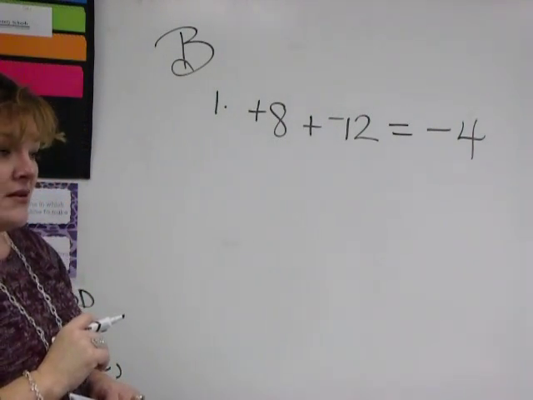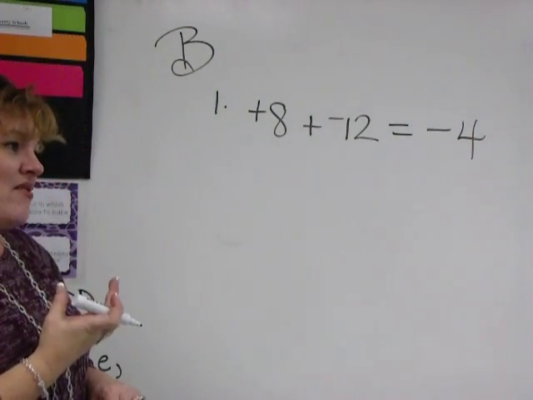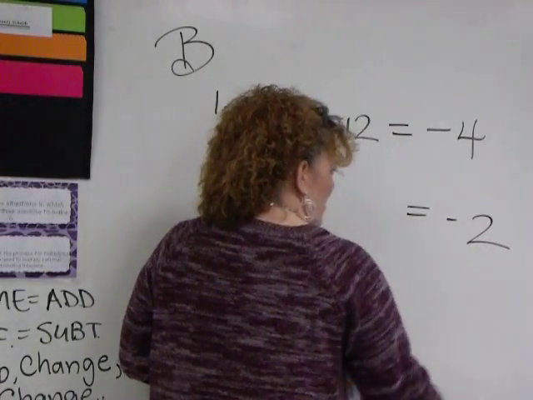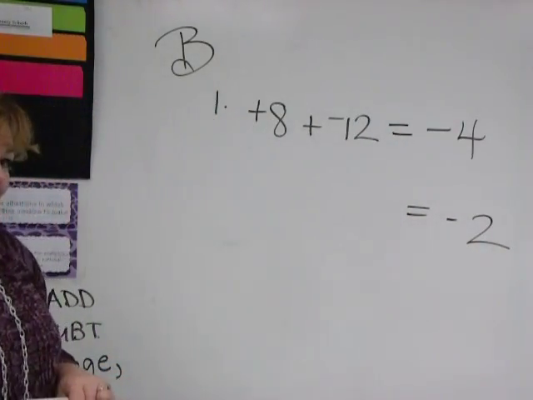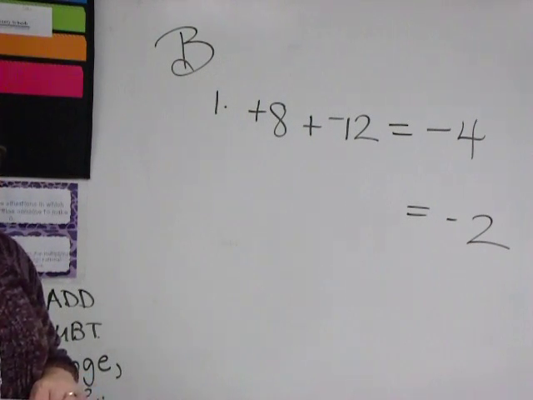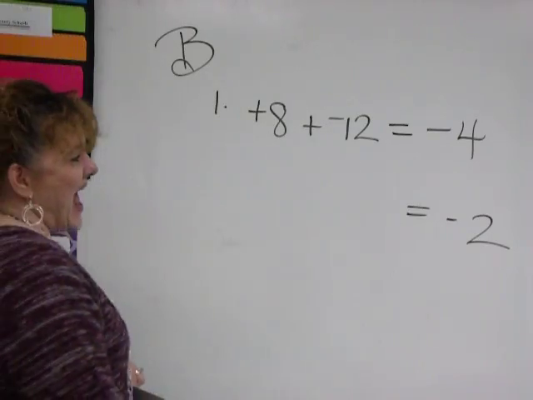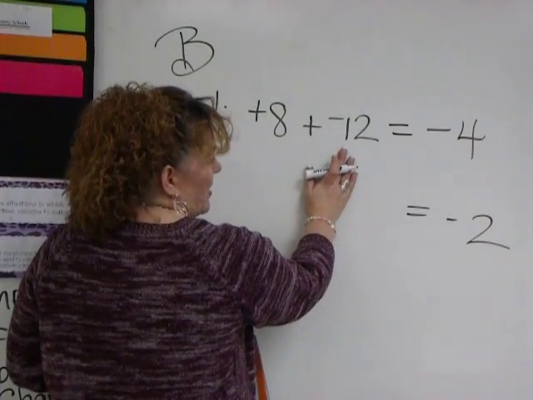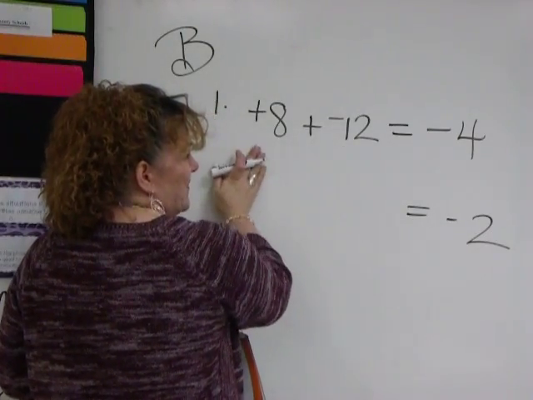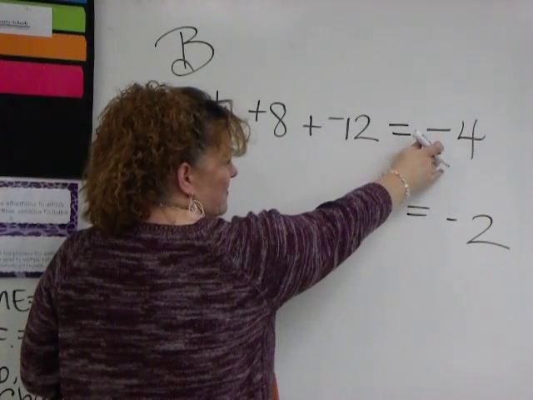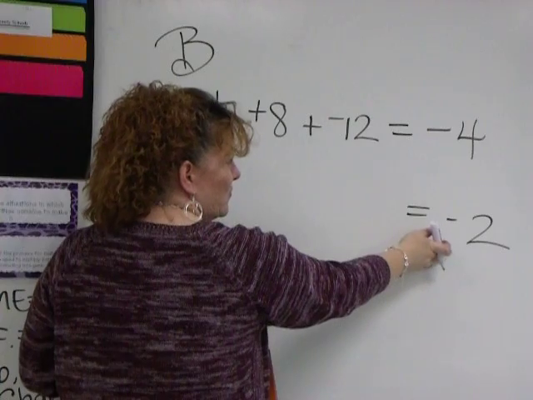It wants you now to get an answer of -2. So how can I make that happen? I could add something to either one of these that would cause this to come down to a -2.